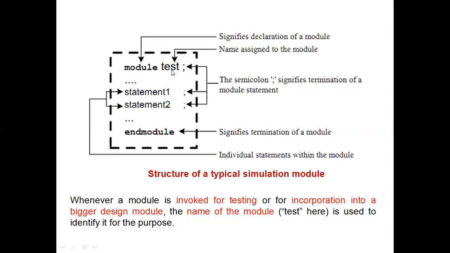By using the name of the module. That is the meaning of this statement. Here you have defined one module, so if you want to use it in another program, you call it by its name, that is test.